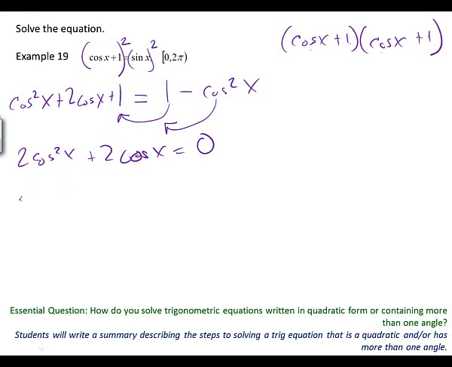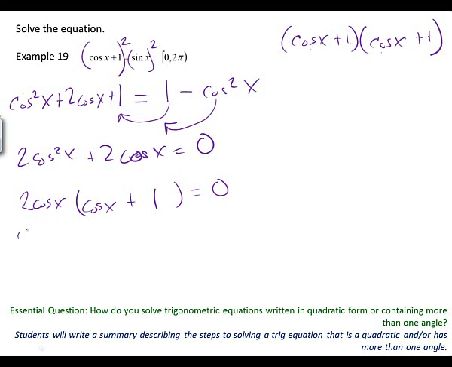Okay, I could take out a 2. Is there anything else I can take out? Cosine. I could also take out a cosine. What's left behind in the first term? A cosine. Excellent. All right, what's left behind in the second term? All right, what property?